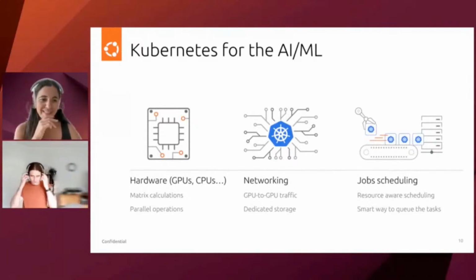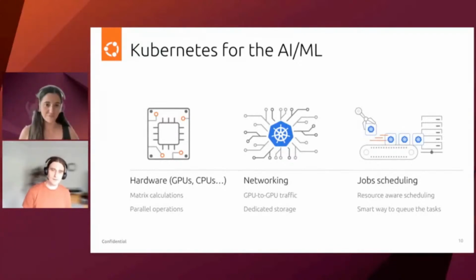Thank you. Okay, so there are a couple of things that make Kubernetes special for AI/ML, and there are a couple of areas that you have to make sure are taken care of. First of all, obviously, you need to have the hardware, the specialized hardware for your AI/ML jobs, and you can tell me because you are the expert about it, but they require specific mathematical calculations, matrix calculations to be more specific.